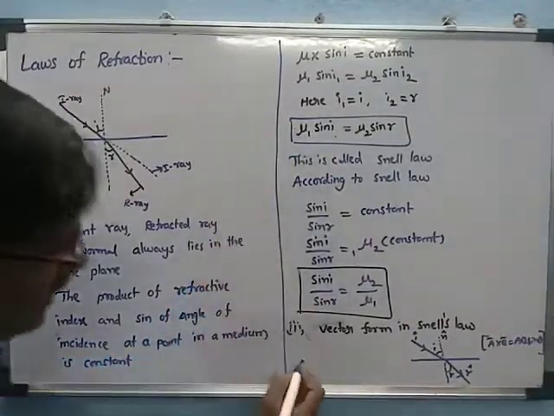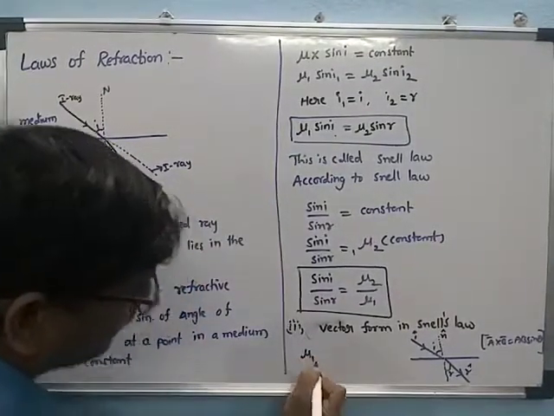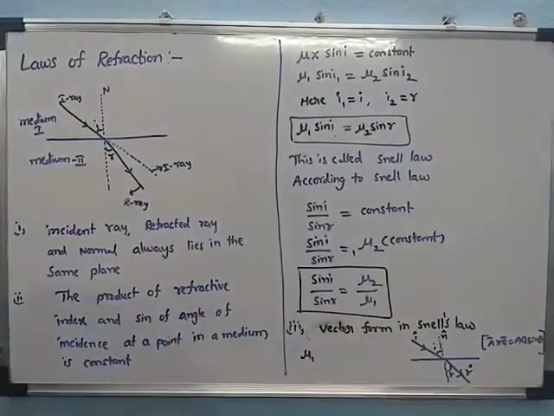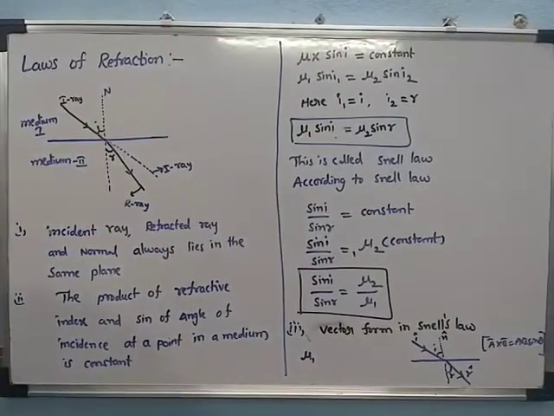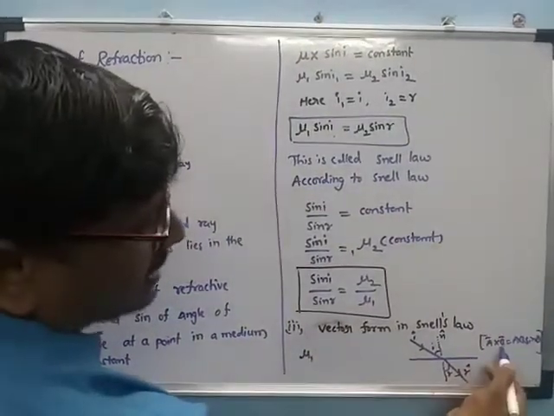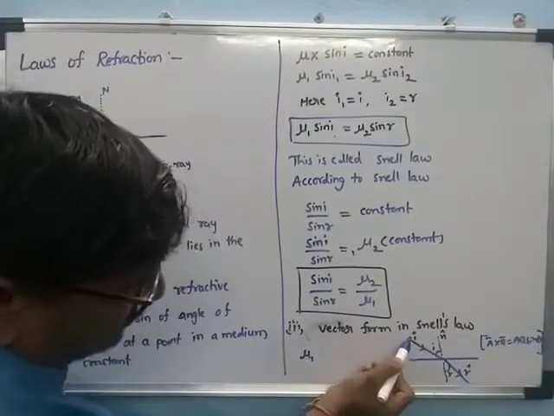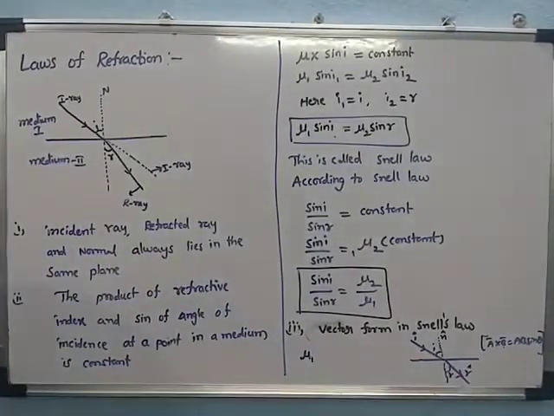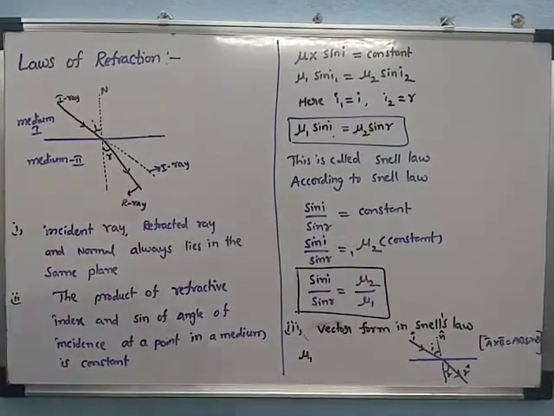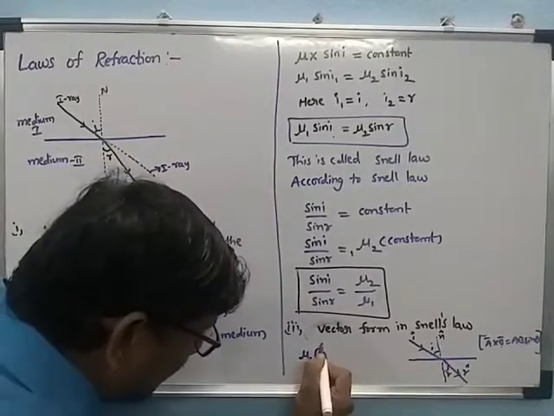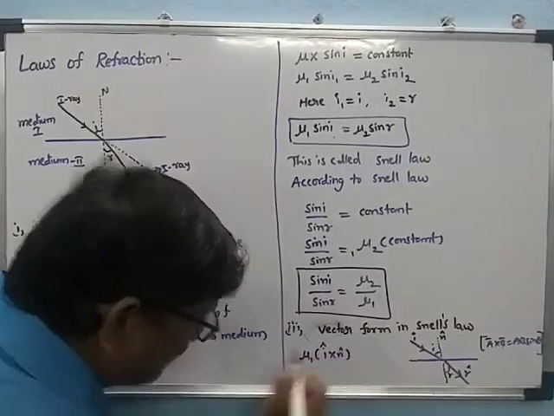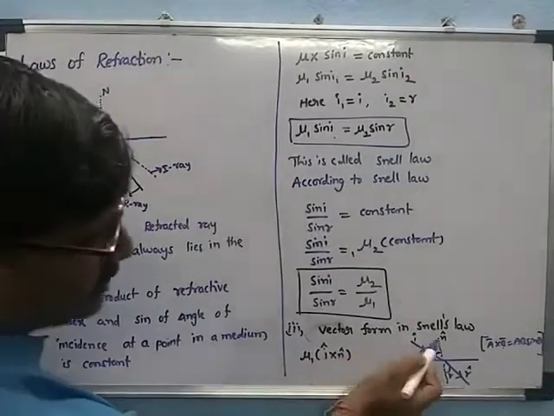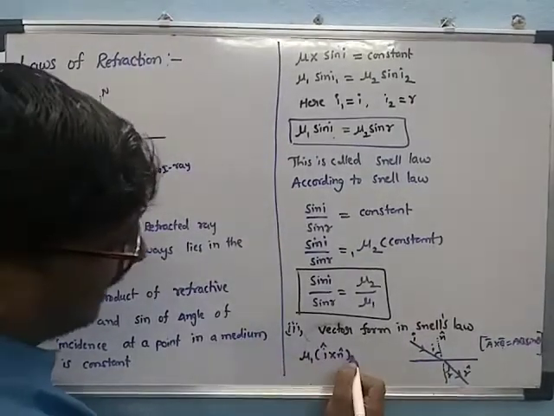First, nu 1 sin I, where A bar cross B bar is nothing but I cap cross N cap. This is right in vector form because the product involves the angle between the two.